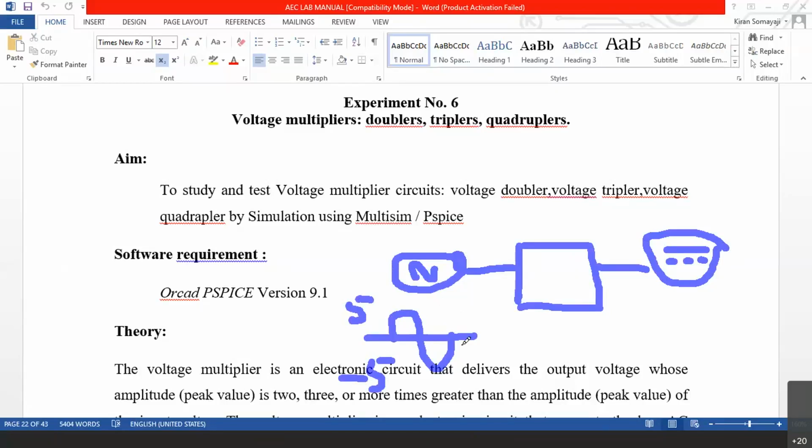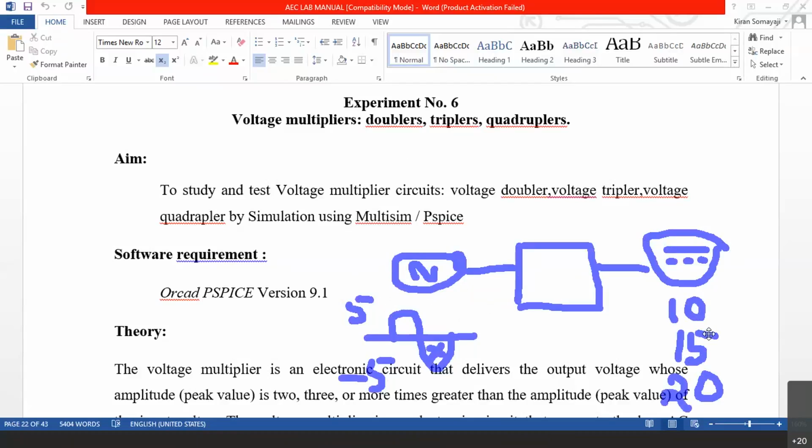Even if it is -5, if you go for a full wave doubler, it will become +5 only. We can go for a half wave doubler also, where the negative cycle is ignored completely. We have a half wave doubler, we have a full wave doubler also. So that is only a rectification part. Now this 5 volts, in case of a doubler, it can become 10. In case of a tripler, it can become 15. In case of a quadrupler, it can become 20.